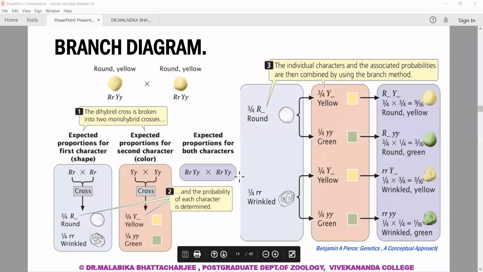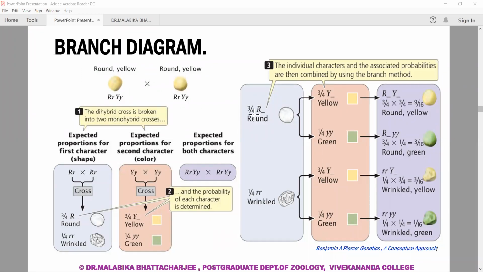And when they are inherited, there is no interdependence between the capital R allele or the small r allele with the capital Y allele or the small y allele. So this is where his hypothesis of independent assortment stands, and the concept of dominance and recessiveness also comes up.